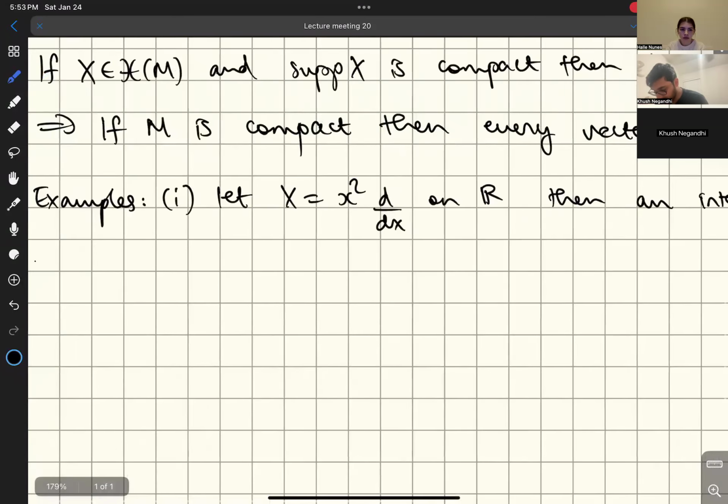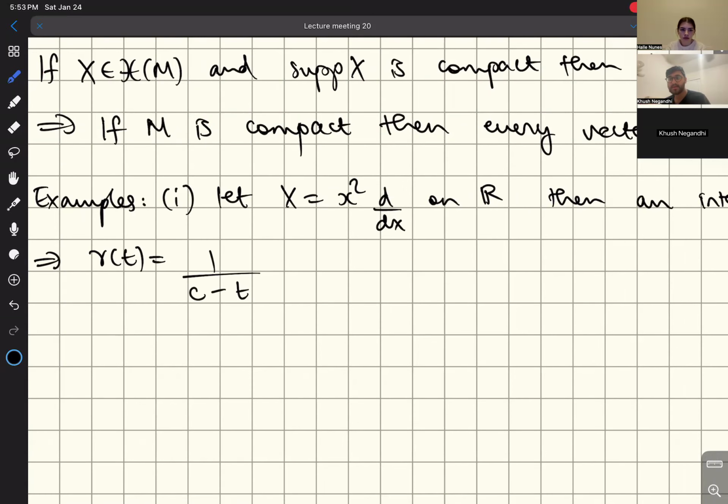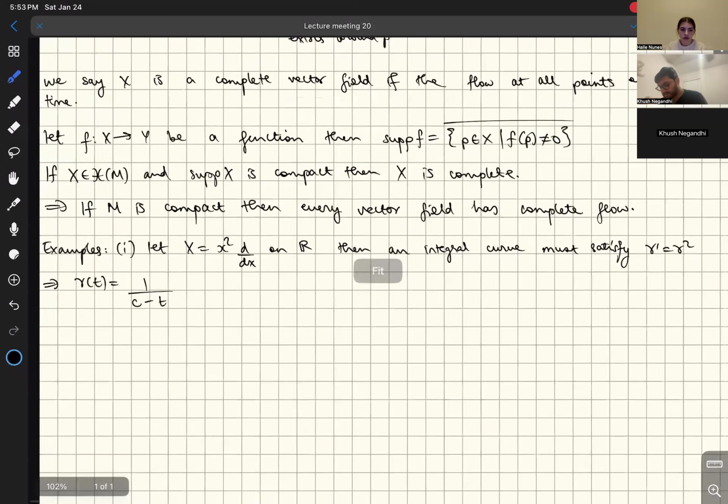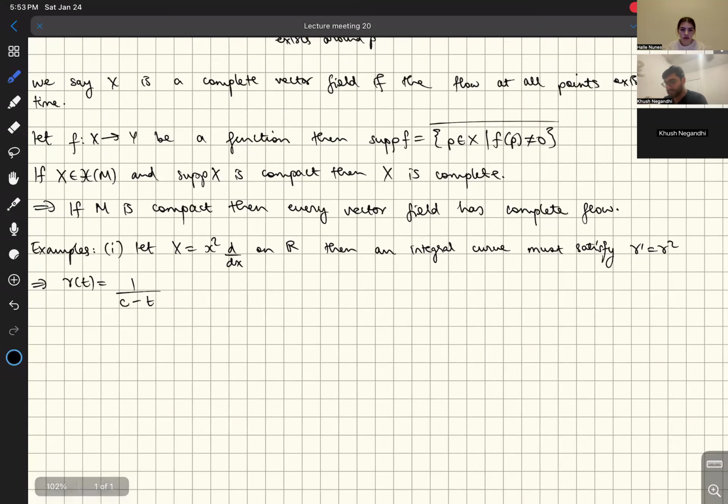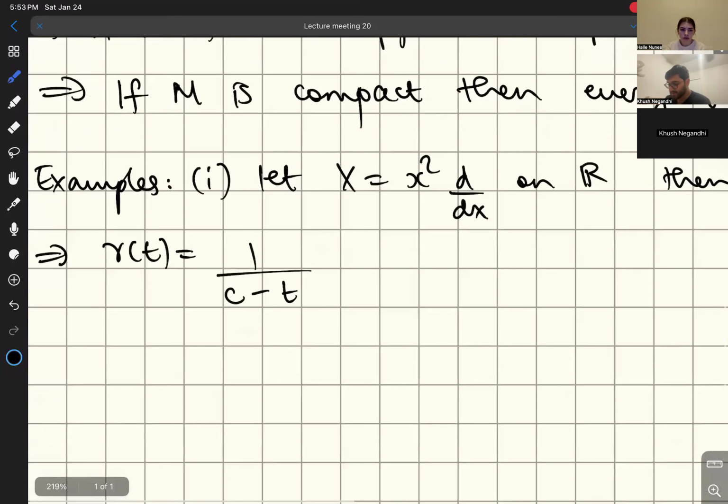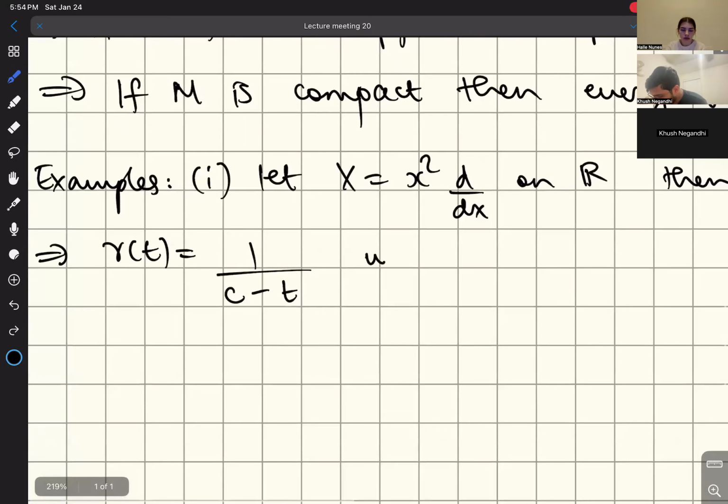So this implies that gamma of t is nothing but 1 over c minus t, where c is determined by the initial condition, where c equals 1 over gamma of 0.